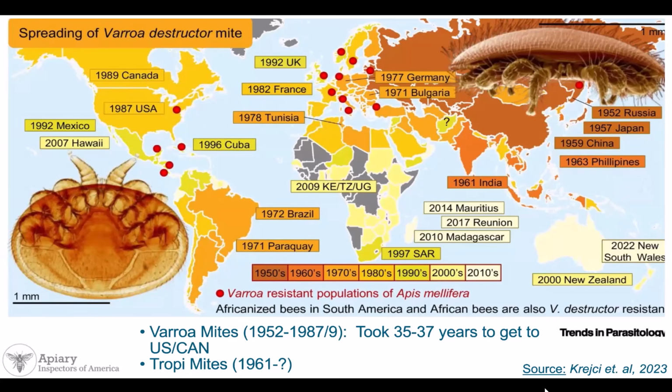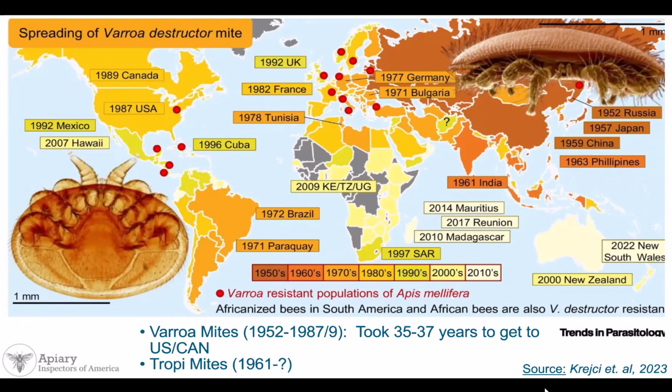But with the movement we've seen with the global economy, stuff is moving a lot faster than it did back in even the 80s and 90s. So we don't know when it's going to get here, or how it's going to get here, but that's why we all have to be pretty vigilant and learn about it now.